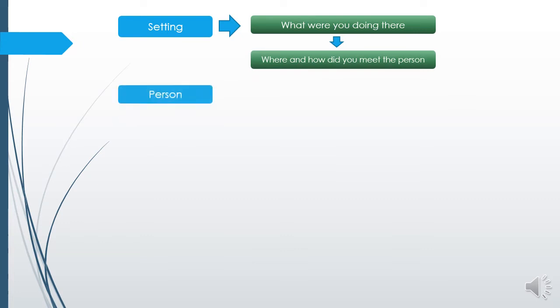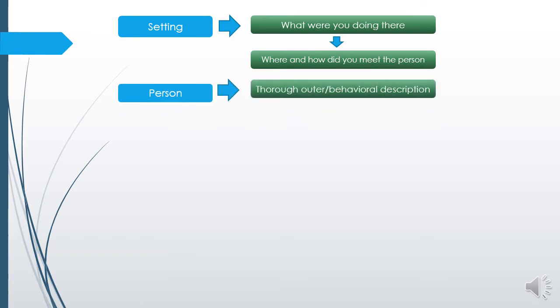Then move on to the person himself. Describe their outer and behavioral features. That is, what did they look like from the outside and how did they behave? If you're wondering why we can't describe him from the inside as well, his psychological features, well, it's just an encounter.